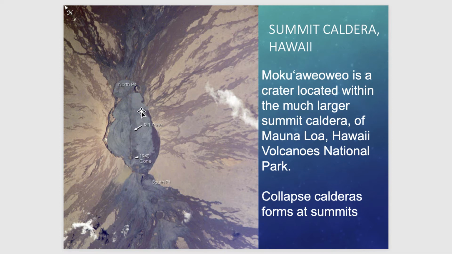So you can form lava lakes in Hawaiian volcanoes, although from 2018 there are no longer any lava lakes active on the Hawaiian Islands.